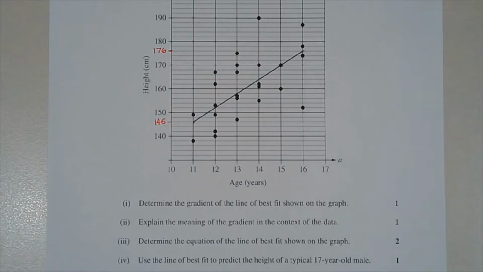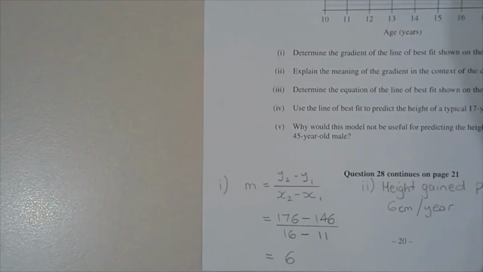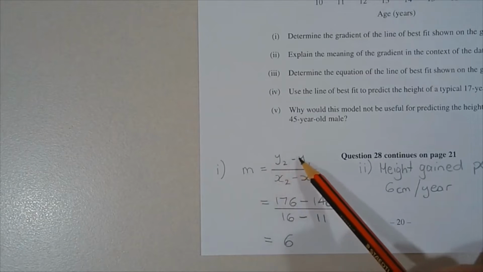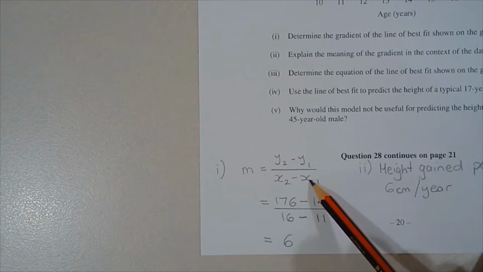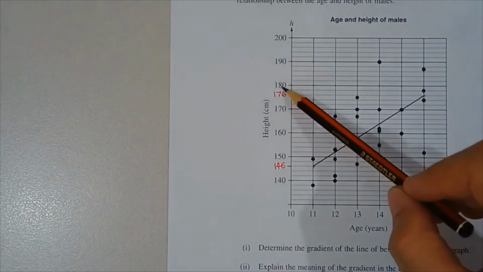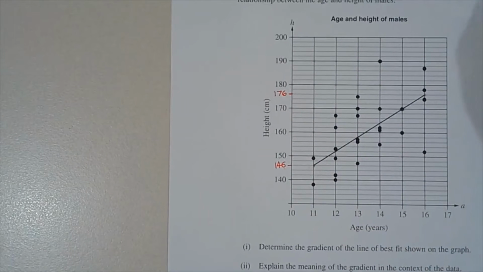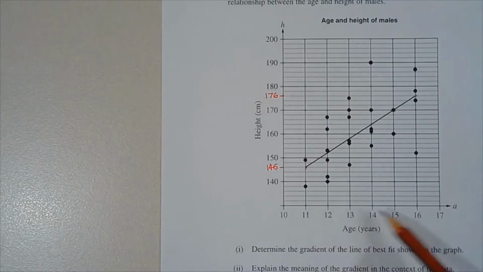Then we apply the 2-point formula to calculate the gradient of the line. That's the formula, m equals y2 minus y1 over x2 minus x1. Now y2 and y1 correspond to the y coordinates of these 2 points, and x2 and x1 correspond to the x coordinates of the 2 points.